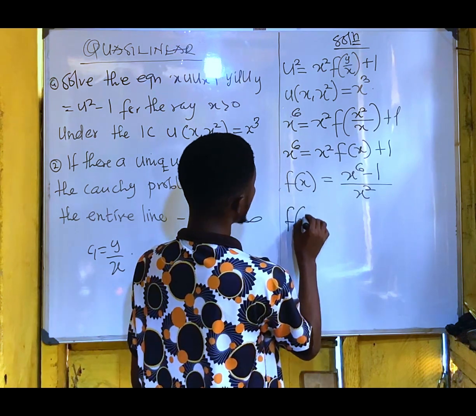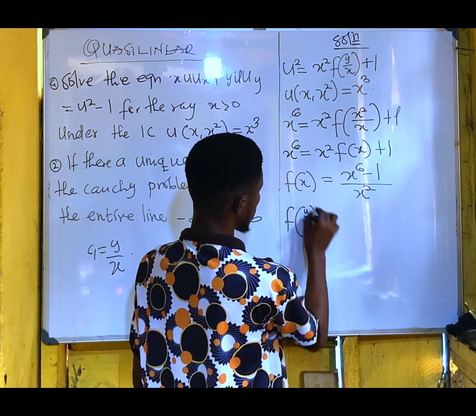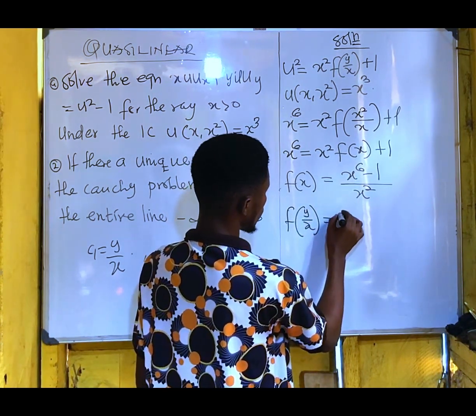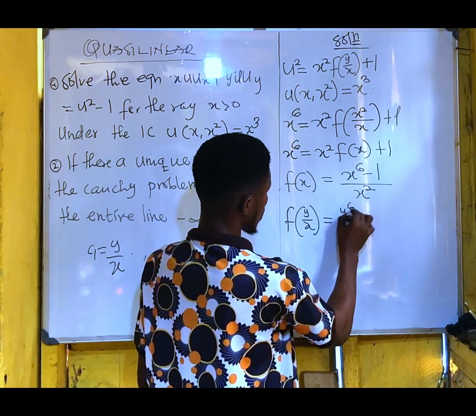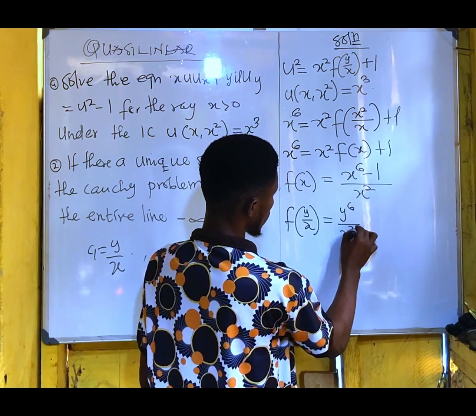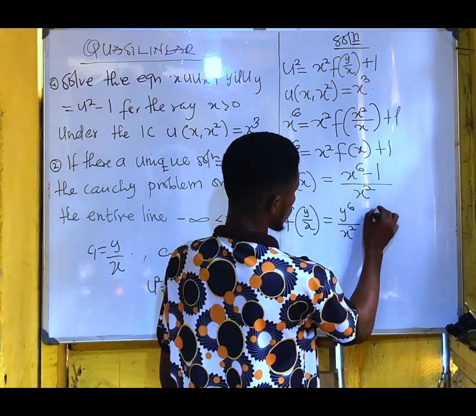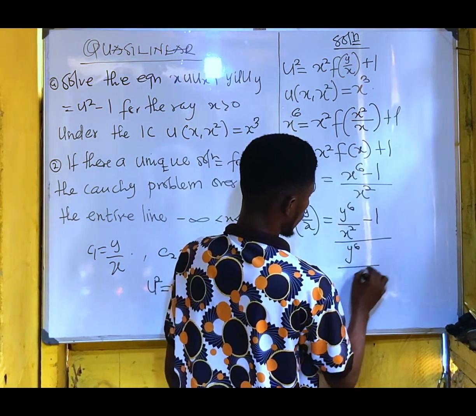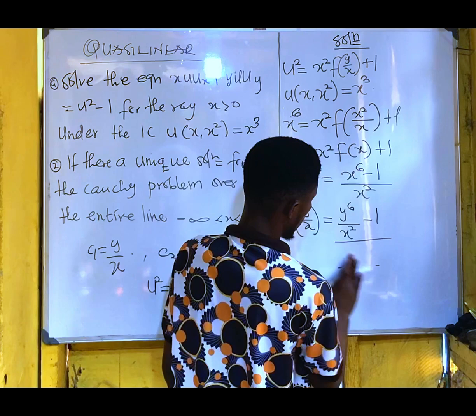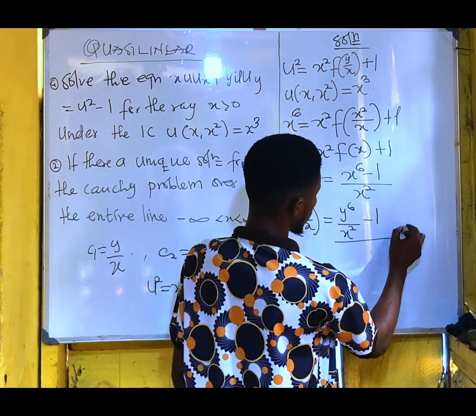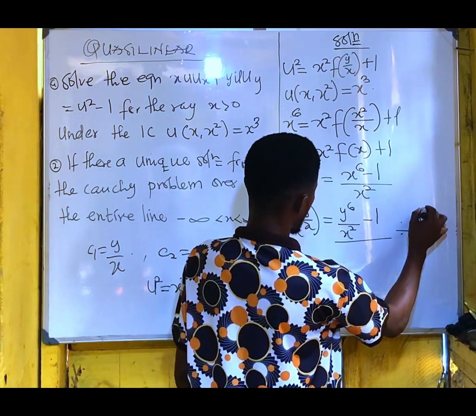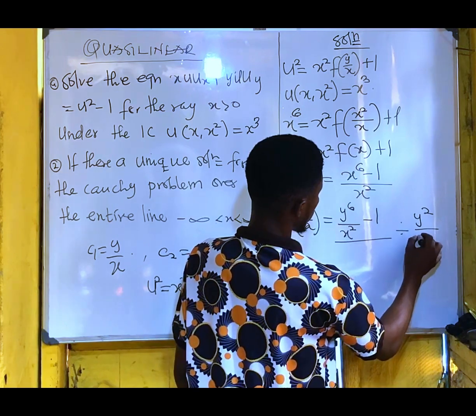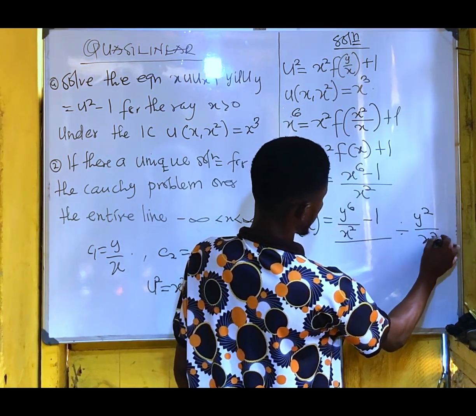So f of y over x will be equal to y to the power 6 over x to the power 6, minus 1, all divided by y squared over x squared, like this.